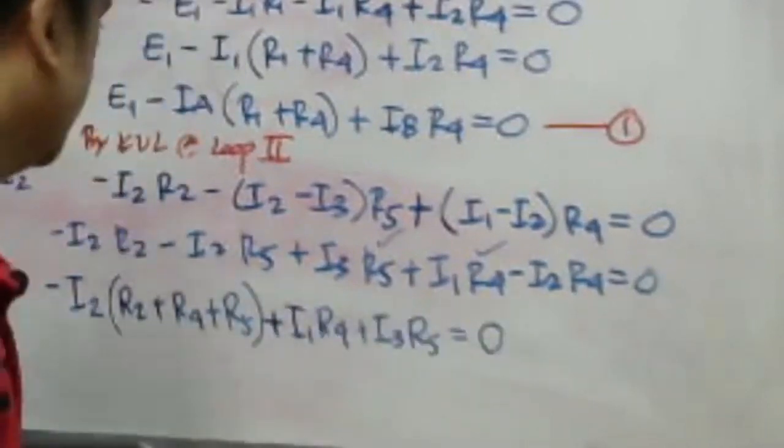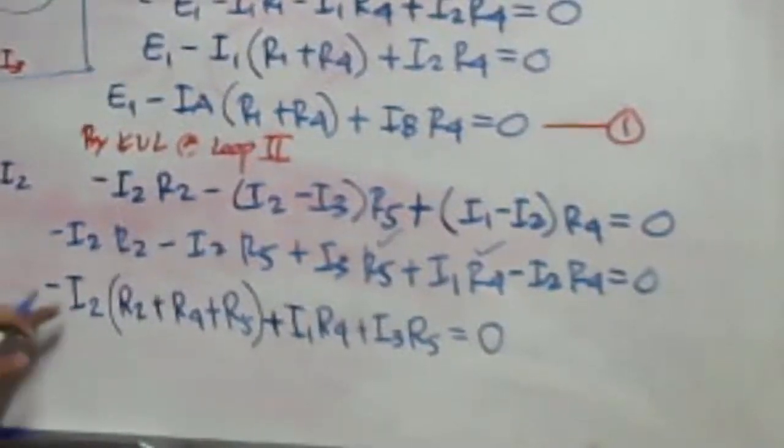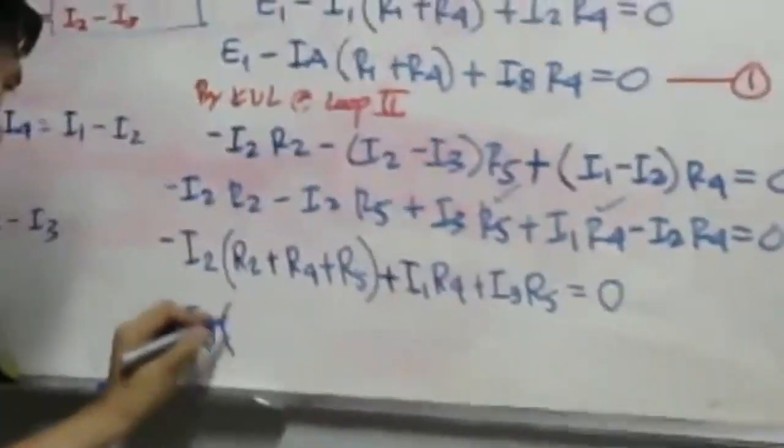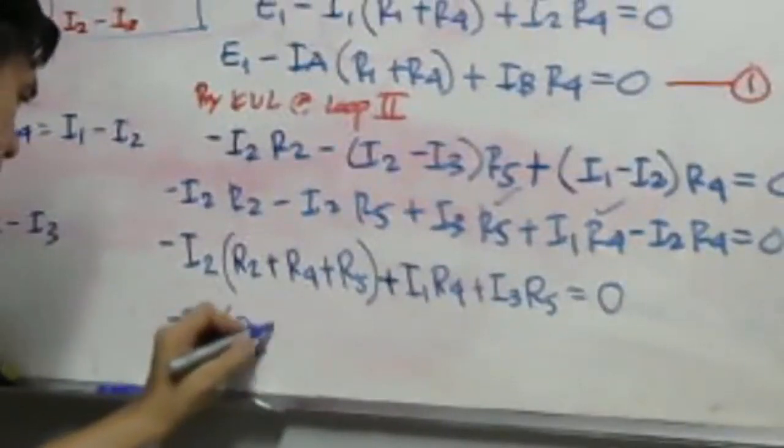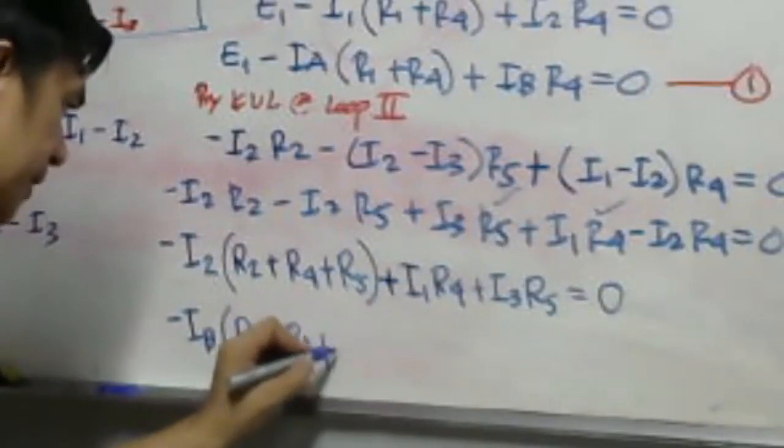So that is equal to 0. Okay? It's equal to 0. So take note, again, what is our I sub 2? Simply, that is our IB. So negative I sub B multiplied by R sub 2 plus R sub 4 plus R sub 5.